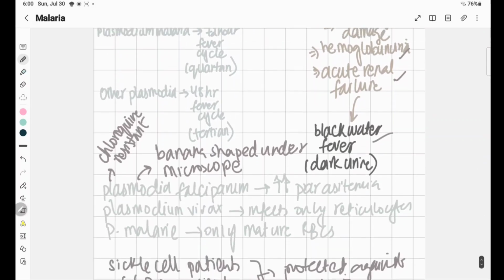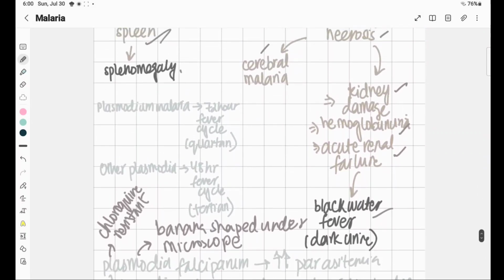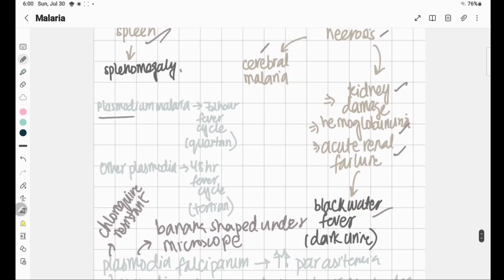Alright, now some points that you need to remember. Plasmodium malariae has a 72-hour fever cycle, which means that after day 1, and after a 4 day interval, we're gonna have a spike of high grade fever.